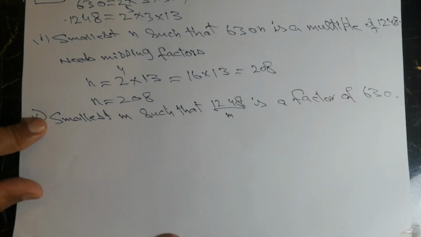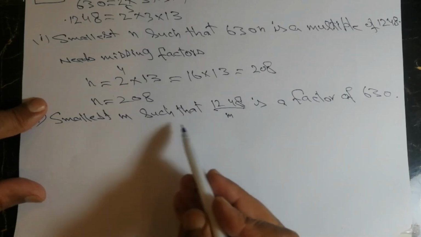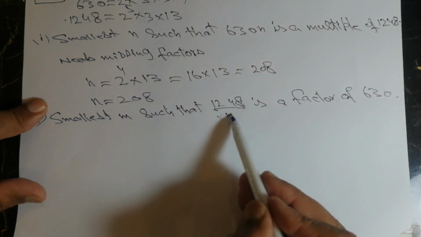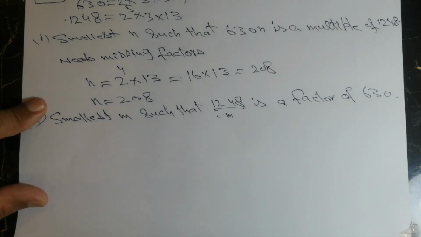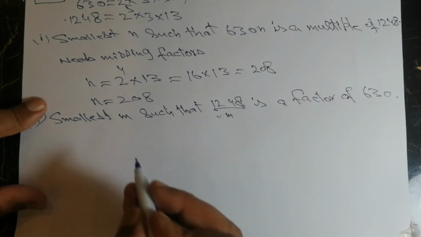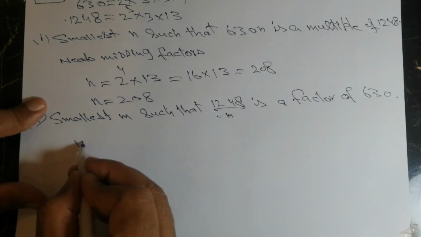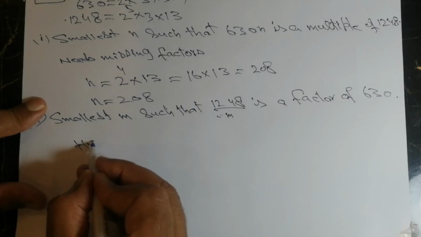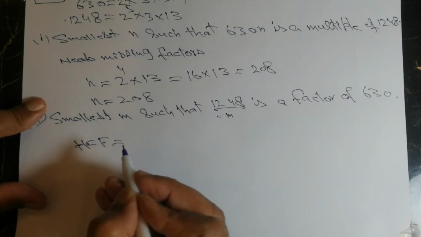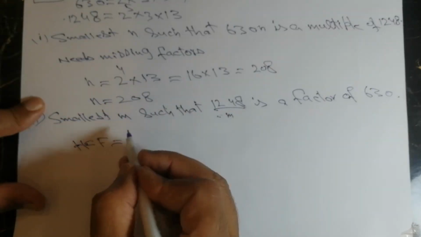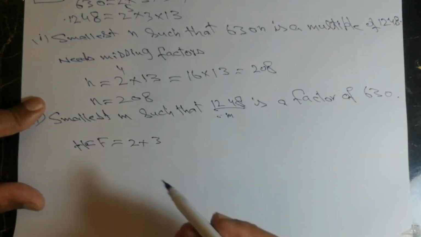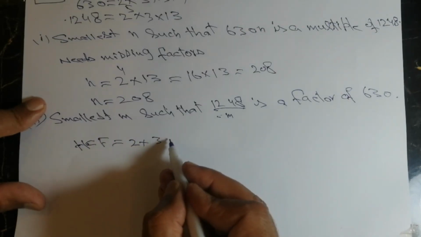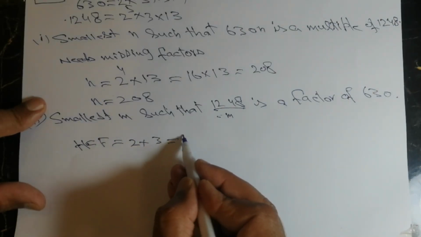So in part 2, find the smallest m such that 1248 over m is a factor of 630. HCF is a factor of every number from which it is calculated. So it means we need to find the HCF. Here HCF equals 2, 3, in HCF we write the smaller powers, so this is equal to 6.